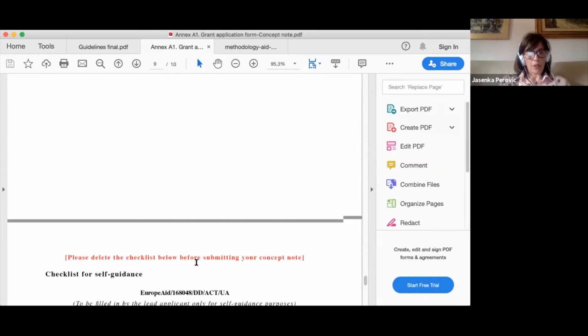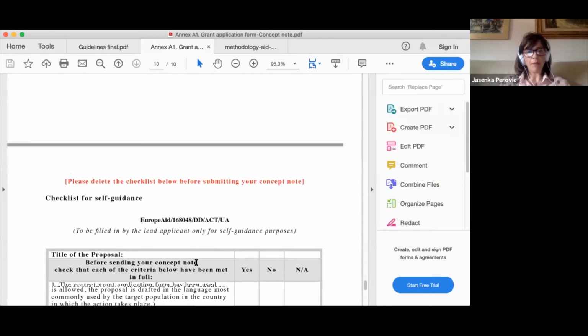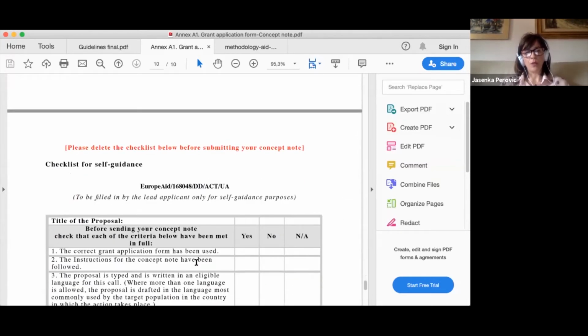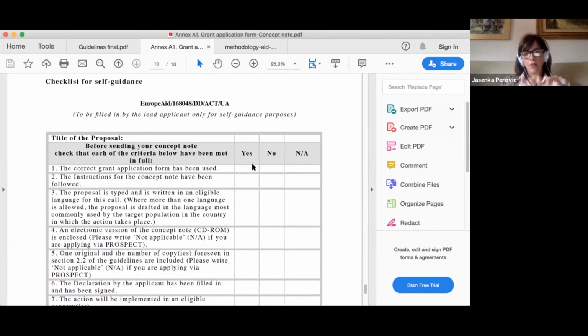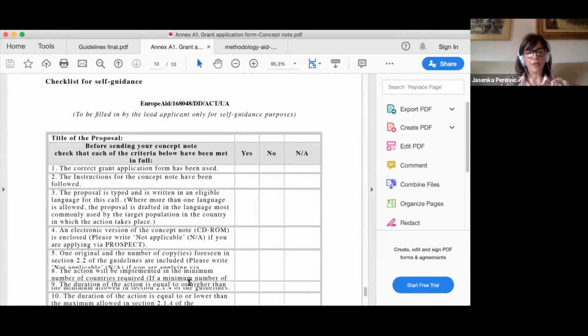One other thing we have been mentioning a few times today and in the days before is the checklist. It is important for the very first step of the concept note evaluation, which is the administrative check. And here it is used for your self-assessment, but really try to go through each of these items and mark yes for yourself if you comply with all of these rules.